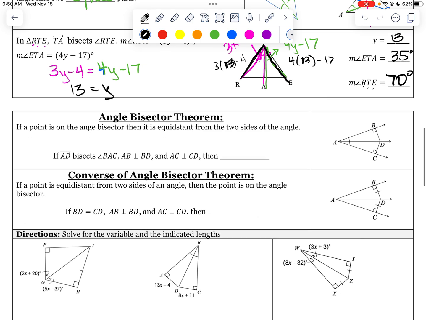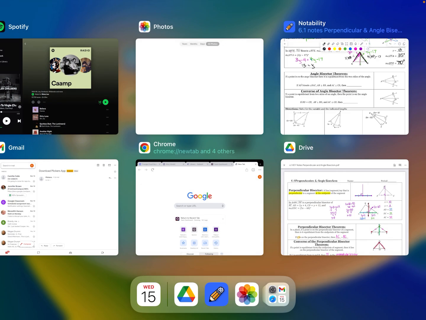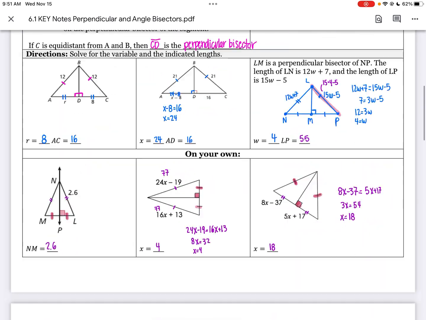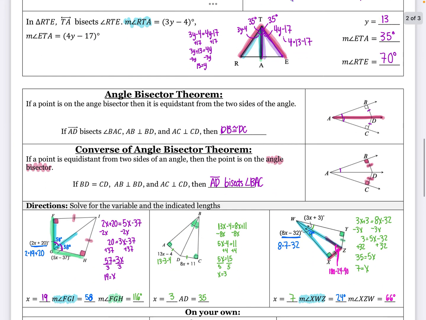Angle bisector theorem. If a point is on the angle bisector, then it is equidistant from the 2 sides of the angle. So we're just going to check out the key really quickly, make sure that we write down all these pieces exactly right.